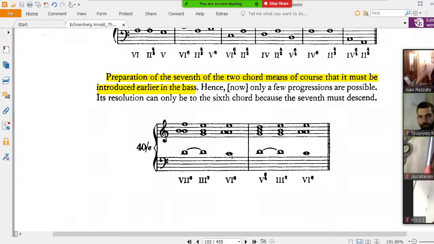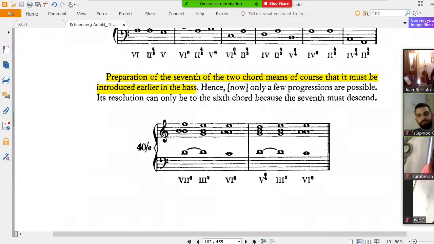So keep in mind the old rules. When studying harmony it does happen that they add more rules. Actually, they're not more rules. You infer them from the previous rules. So this is obvious. It's not a new rule.